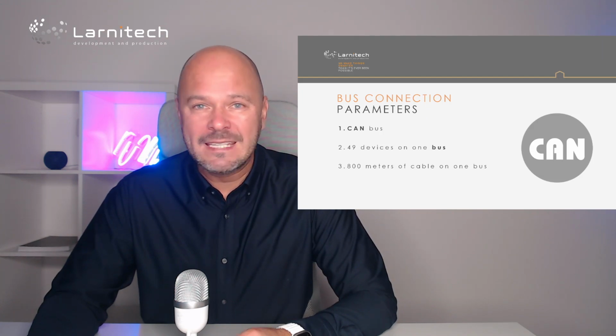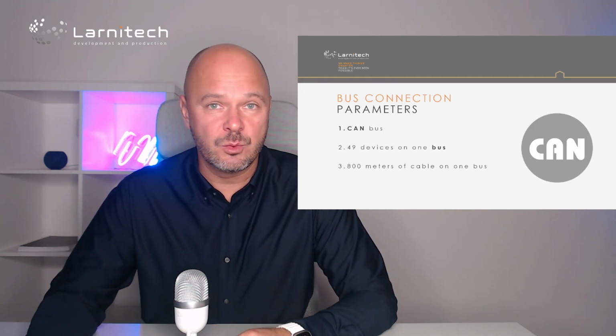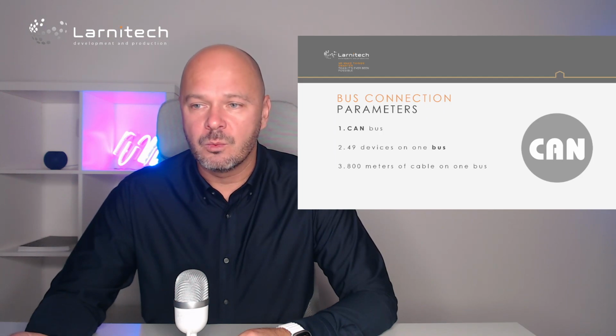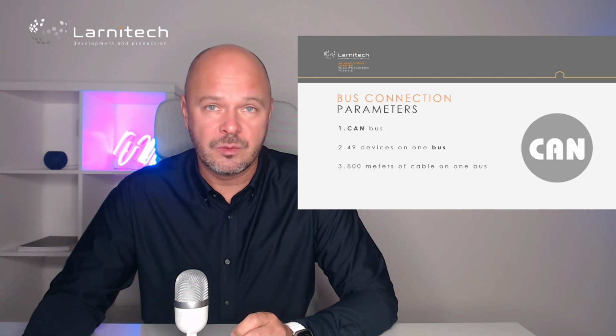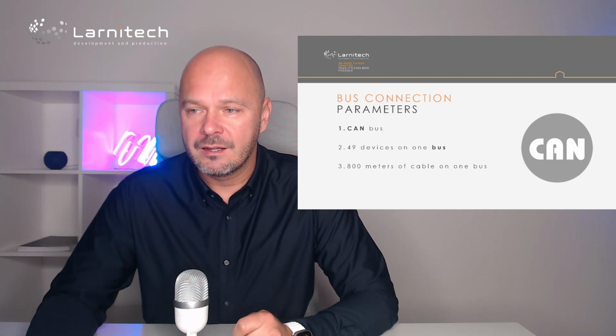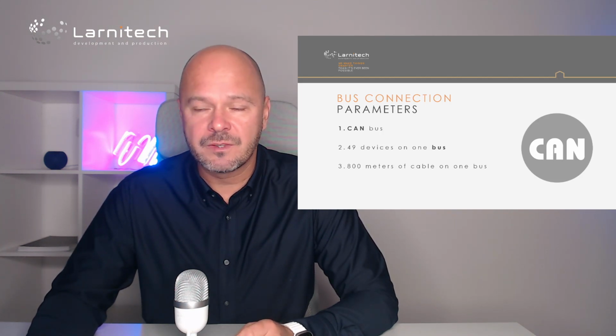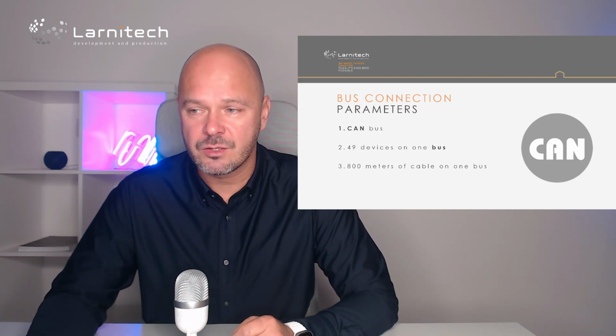So how many devices can we connect to one bus? We can connect up to 49 devices to the one bus. How many meters of cable can we use in one bus? 800 meters of cable.